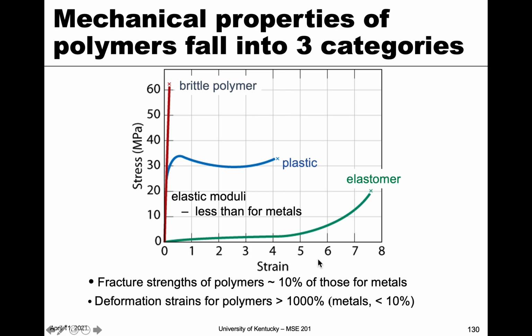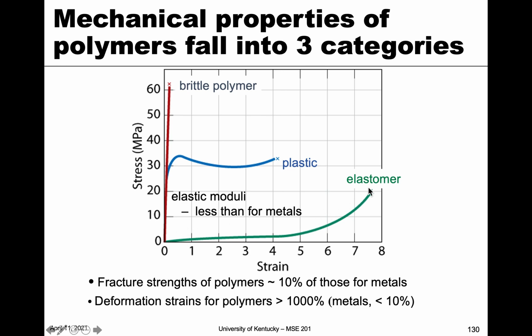And then the last category are elastomers. And this is where it looks nonlinear, but all of this is actually elastic behavior. It's just nonlinear elastic behavior. So the gummy experiment that I showed early on in the mechanical properties chapter was an elastomer, and it had nonlinear elasticity. And so that's the example here.